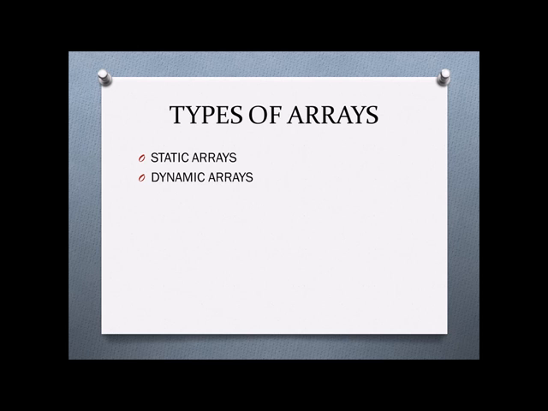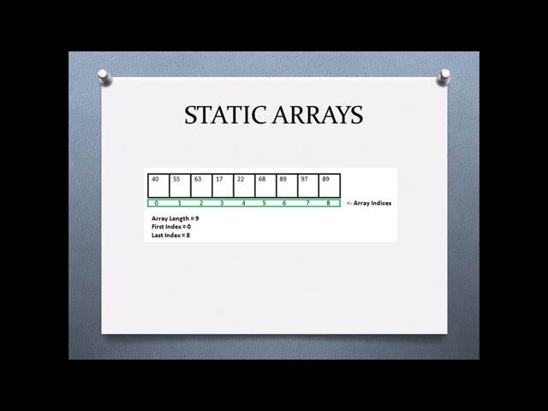We are going to discuss static arrays first. A static array is a data structure that can store multiple values. As you can see, there are multiple numbers stored in these boxes. This complete set is called an array, and each one has been defined by its position.